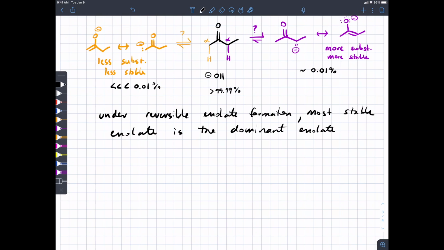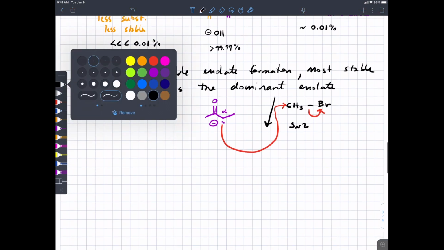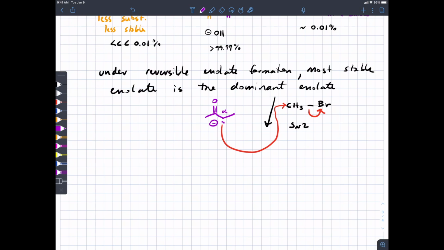So suppose you took this ketone and exposed it to a strong base, and then you made a small amount of enolate, and then you said, let's add an alkyl halide. At that point, the enolate can act as a nucleophile with the alpha carbon attacking the electrophile in an SN2 fashion. That's going to break the carbon-bromine bond and make a new carbon-carbon bond with the alpha carbon.